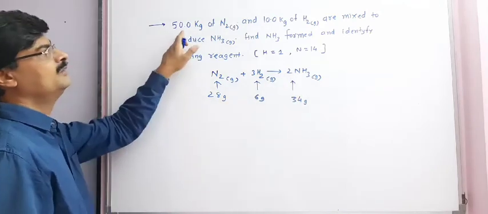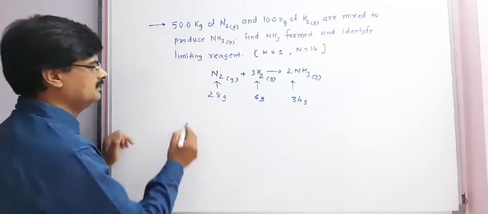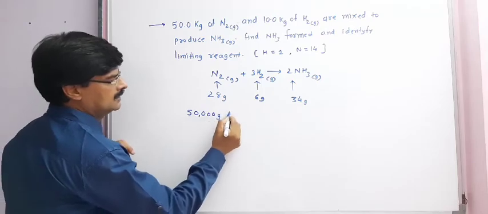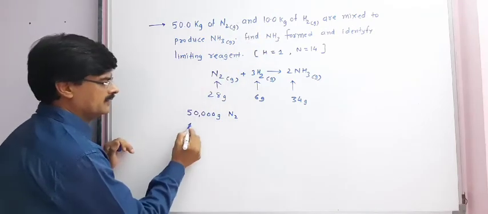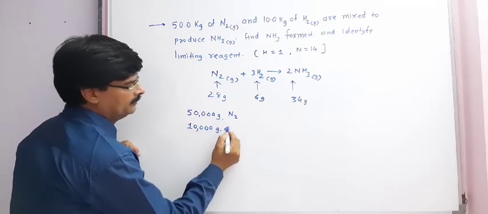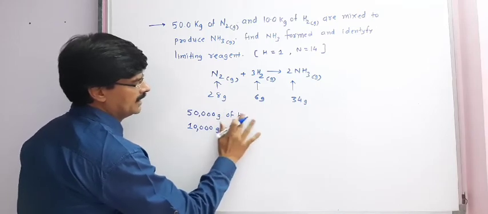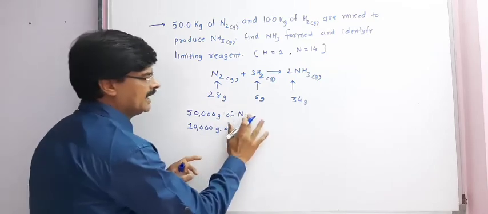Now here it is given 50 kilogram, so it is 50,000 gram of nitrogen and 10 kilogram of hydrogen means 10,000 gram of hydrogen.